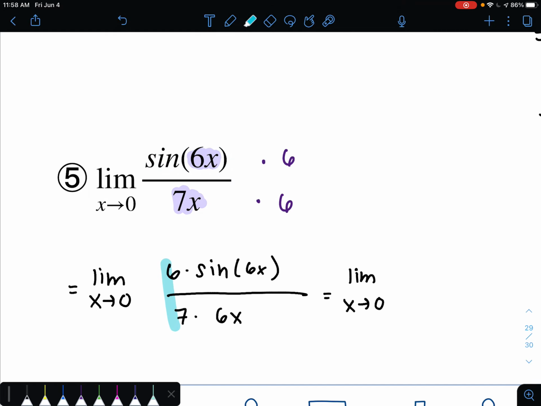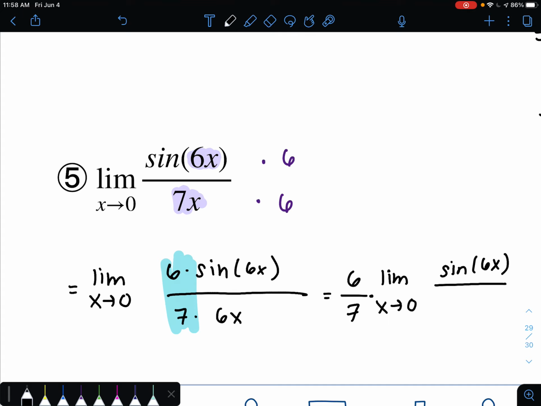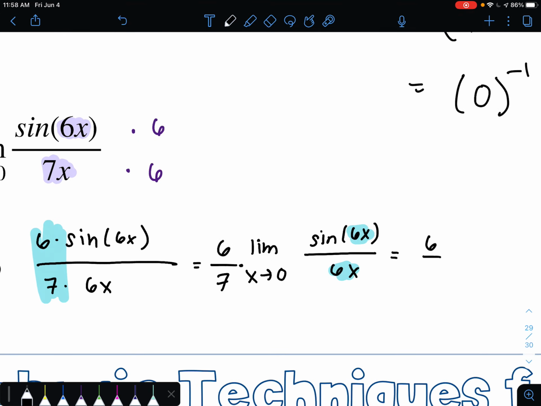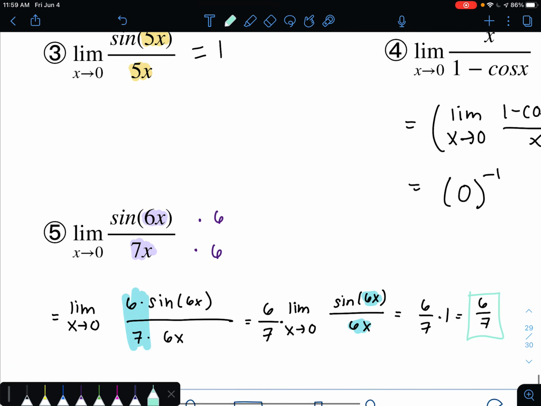I know with my limit properties that I can pull constants out to the front, so I'm going to take this constant of 6/7 out to the front. That leaves me with sine of 6x over 6x. Because these match, we know the limit of that is 1. So we get 6 over 7 times 1, which is just 6 over 7.